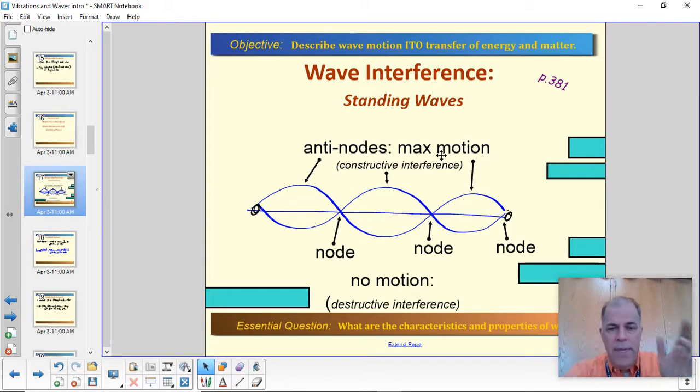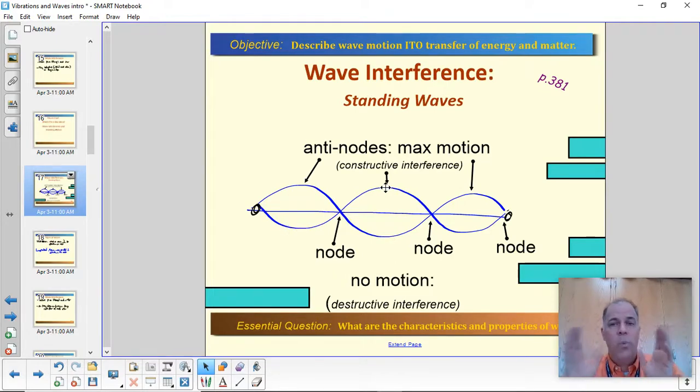Now, what this means is that one full waveform goes from here through the crest, through the trough, and to here. Okay, so one full waveform is two lobes of the standing wave, because when one lobe is a crest, the other lobe is a trough, and then they switch, and the first lobe is a trough, and the second one is a crest.